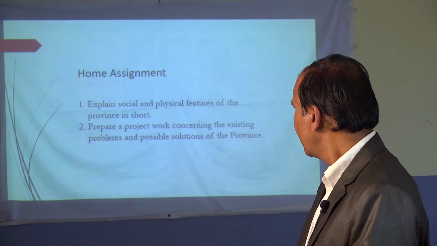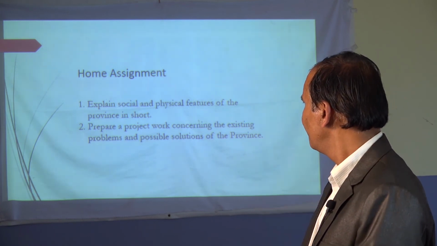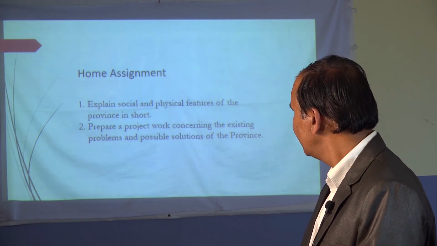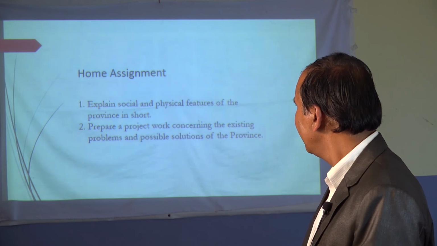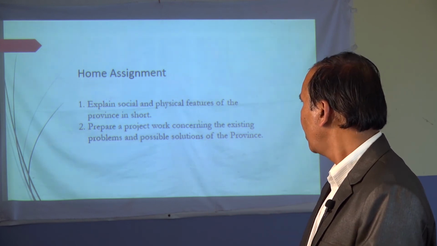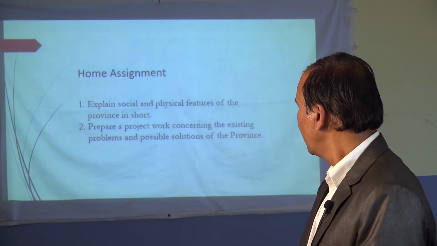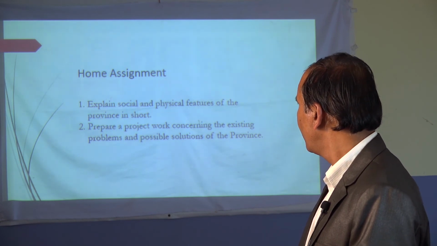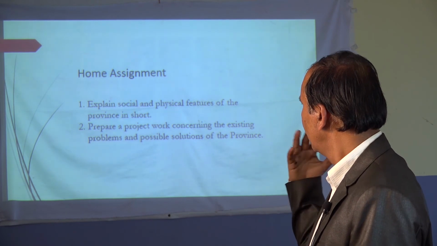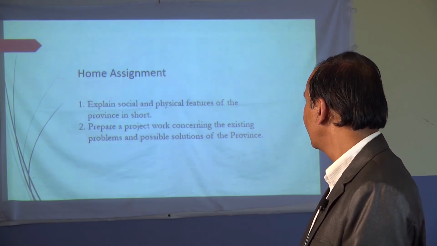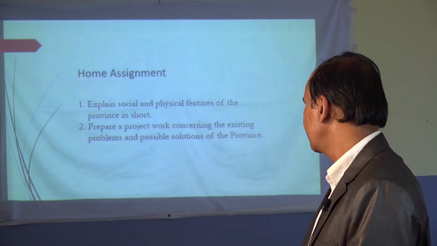Then now I have some questions for you. I think after listening to my speech, you can respond immediately. Now I would like to draw your attention towards the screen. Explain the social and physical features of the province in short.